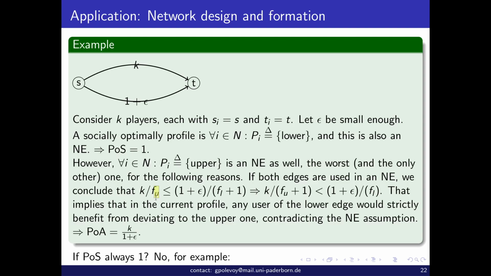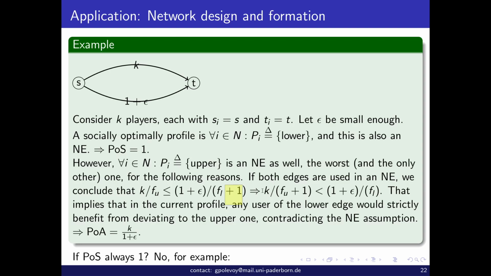That cannot be more than what a deviator would pay if he deviated to the lower edge, because that's an equilibrium. Now, what would he pay if he deviated to the lower edge? He would pay 1 plus epsilon divided by the number of users of the lower edge plus 1, because that deviator would have been added to the number of users.